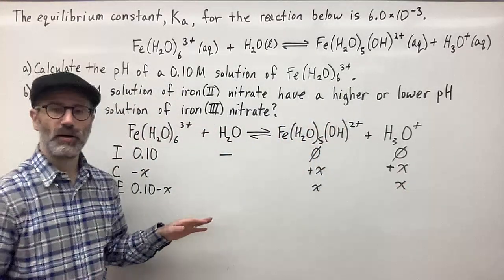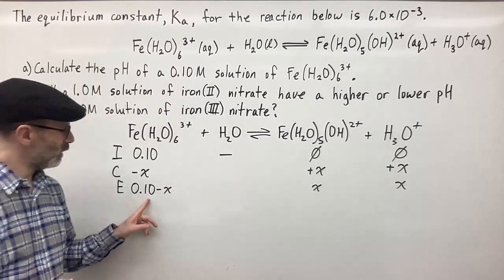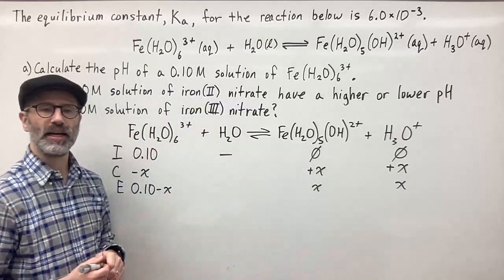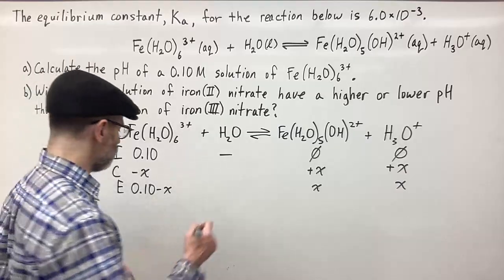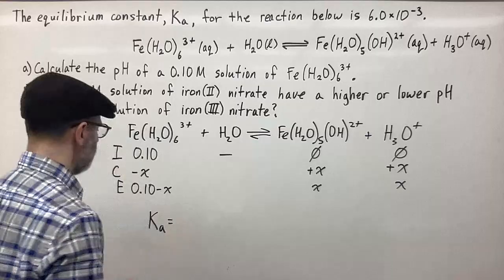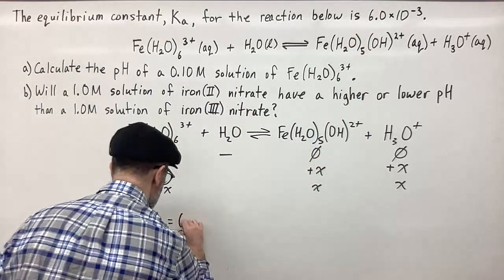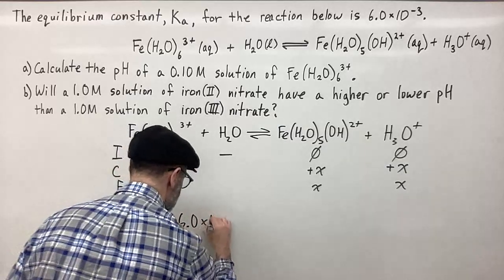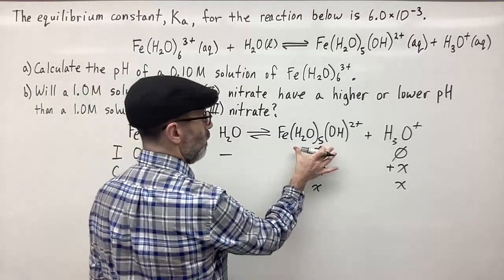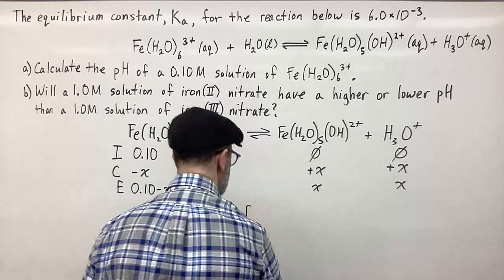Okay, so now that I have my ICE table set up, I have my equilibrium concentrations in terms of X. So now I can put that into my equilibrium constant expression, which for this is going to be Ka equal to 6.0 times 10 to the negative 3, which is then going to be equal to the concentration of products raised to the power of their coefficients.